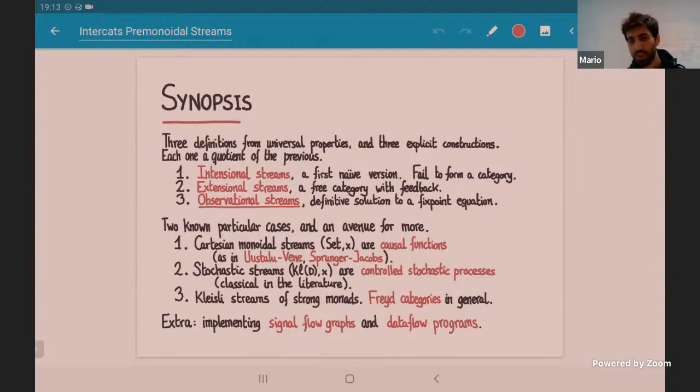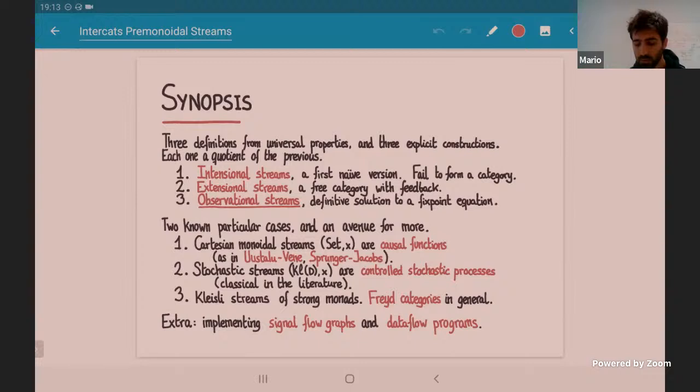So first we give the definition, and then we show that there is a construction that realizes this universal property. And each one of these constructions is a quotienting of the previous. So the first one is going to be a very naive construction, but I think it's useful conceptually to have it. Then we're going to quotient the elements of this construction, and we're going to get a more refined construction that is a free category with feedback.